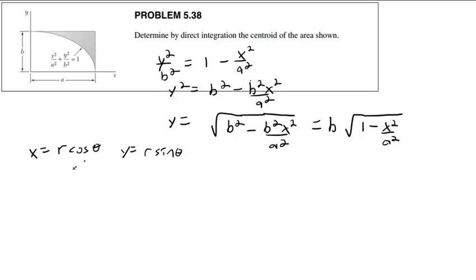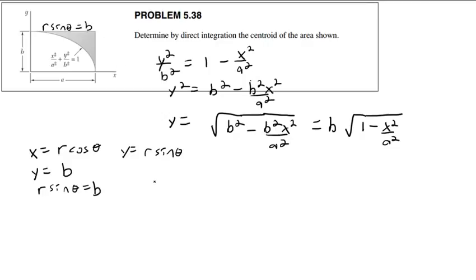So then, for this line here, instead of having y equals b, we would have r sine theta equals b, right? So that would represent this line, r sine theta equals b.